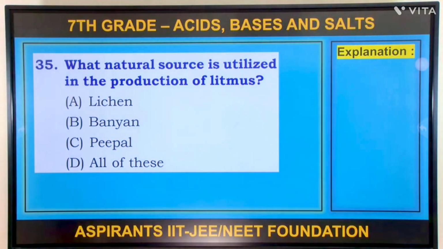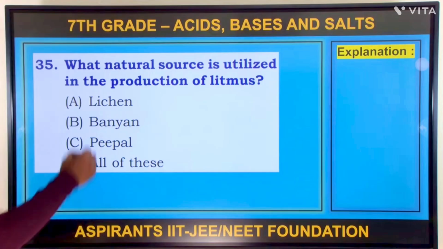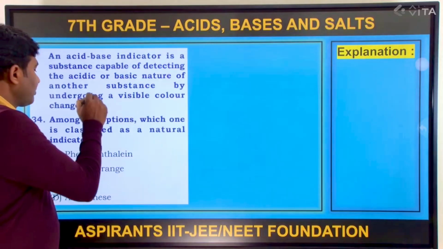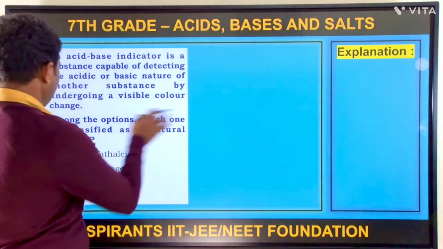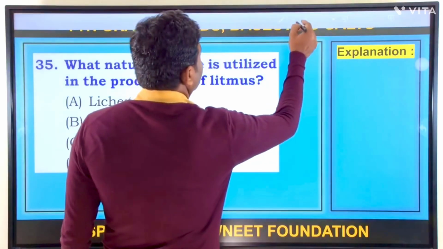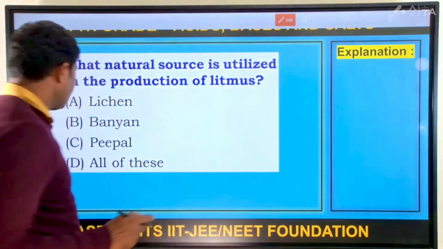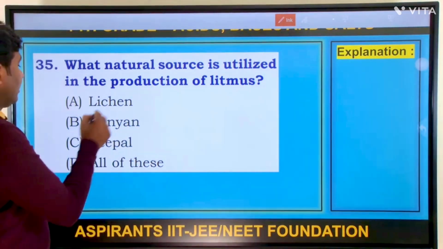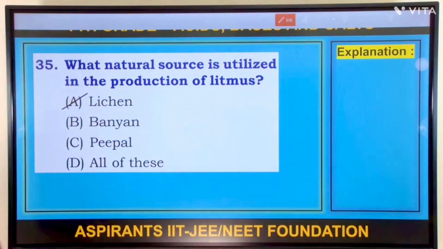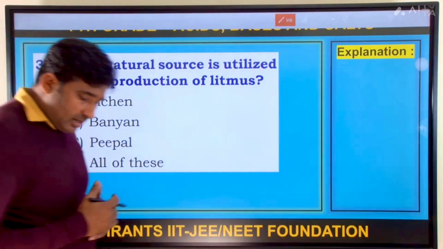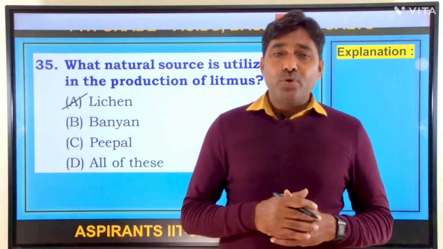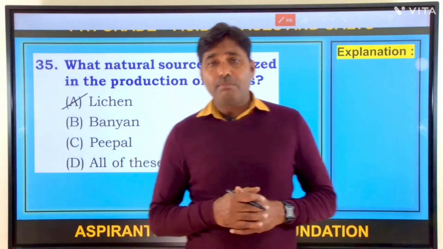What natural source is utilized in the production of litmus? Generally, lichens are used. Why? Because lichen is a composite organism.